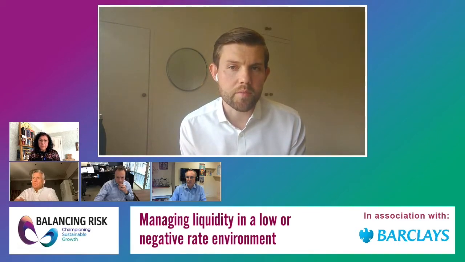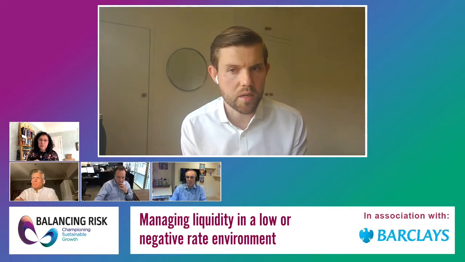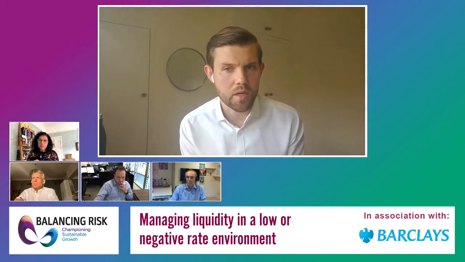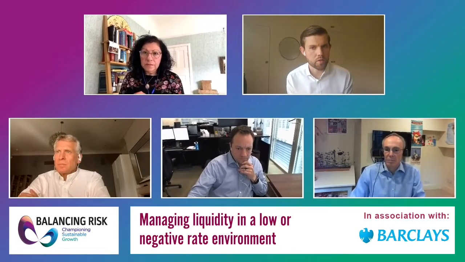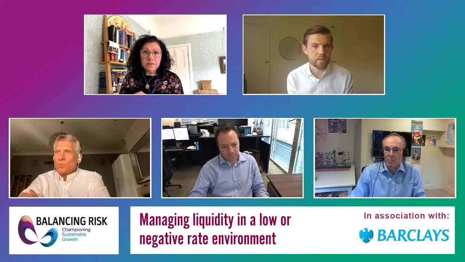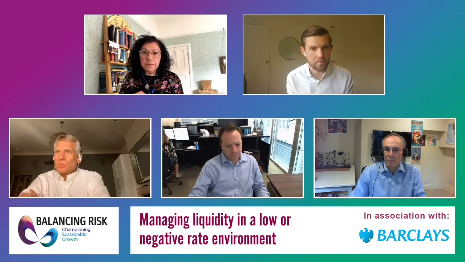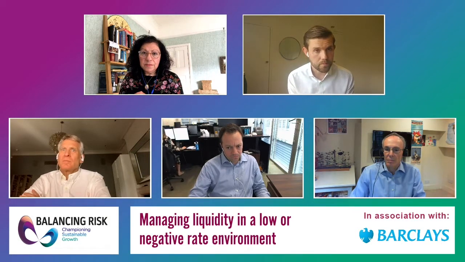What additional steps should treasurers take when seeking to measure counterparty risk prior to investing short-term cash during periods of low or negative interest rates? Quite a long question, but just to recap: what additional steps should treasurers take when measuring counterparty risk before investing short-term cash during periods of low or negative rates?